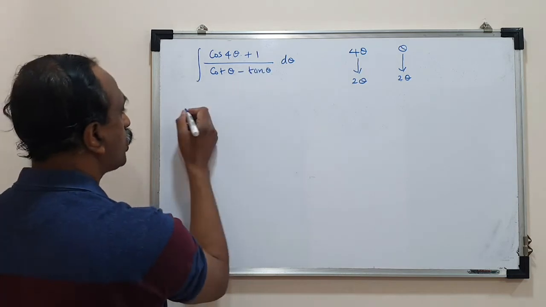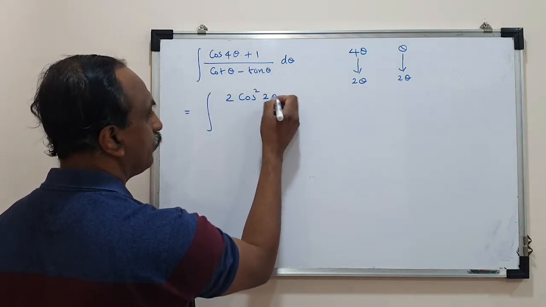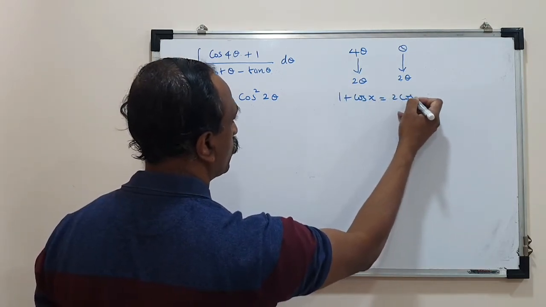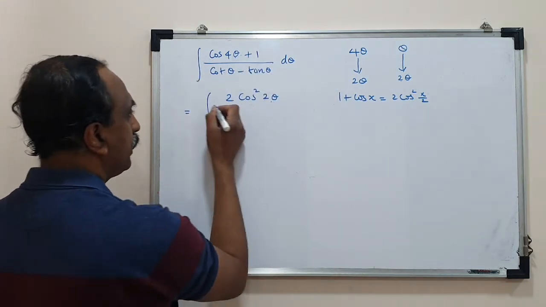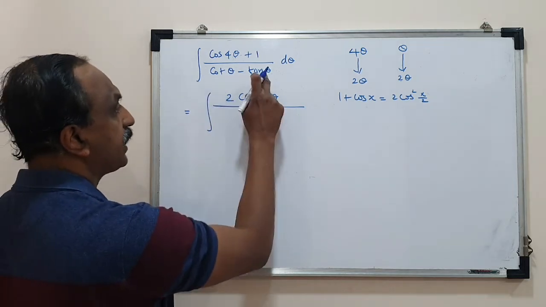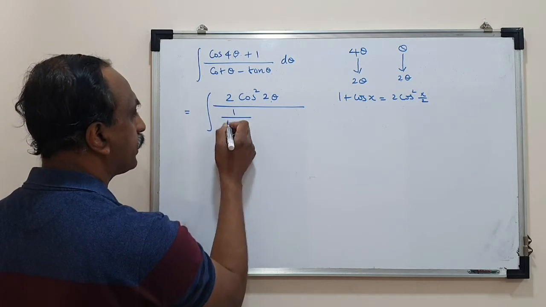So 1 plus cos 4 theta can be written as 2 cos square 2 theta, because 1 plus cos x is 2 cos square x by 2. So 4 theta became 2 theta. Then either I will write this as sin, cos upon sin, sin upon cos and take the LCM, or if you want you can write 1 upon tan theta.